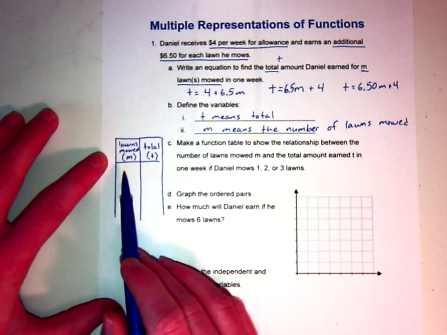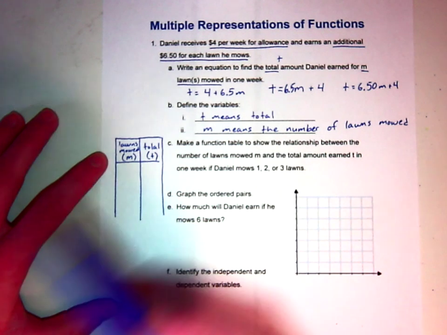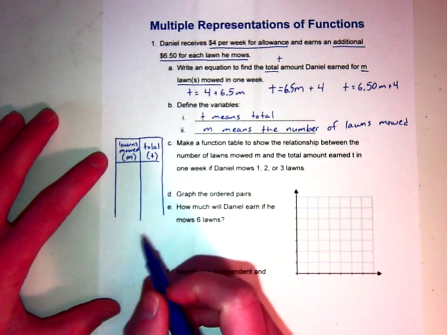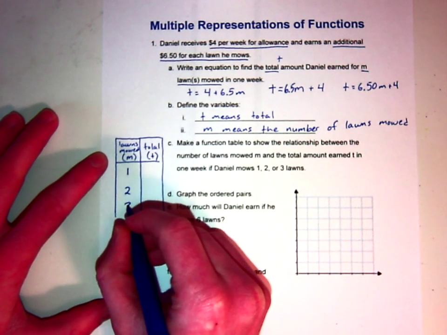You would need to input a certain amount of lawns mowed in order to get out that total. You couldn't find out your total until you mowed those lawns. And it said test for 1, 2, and 3.